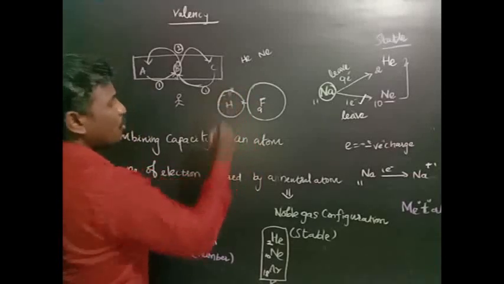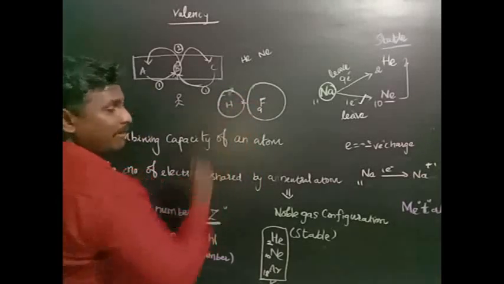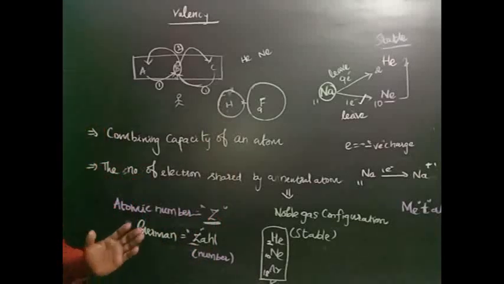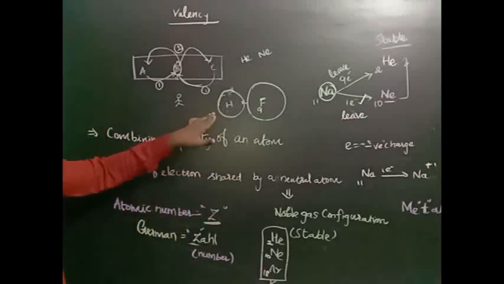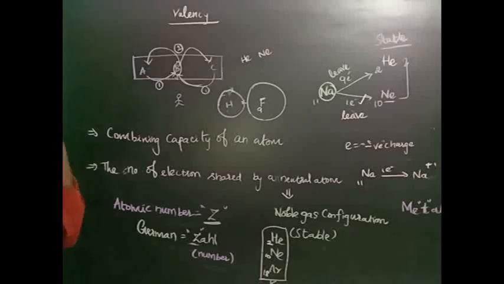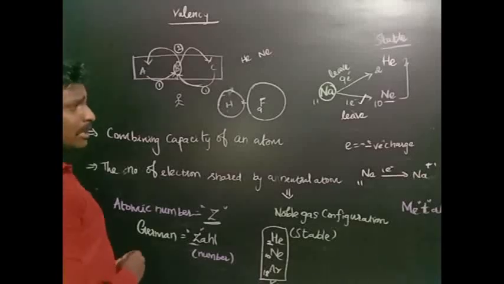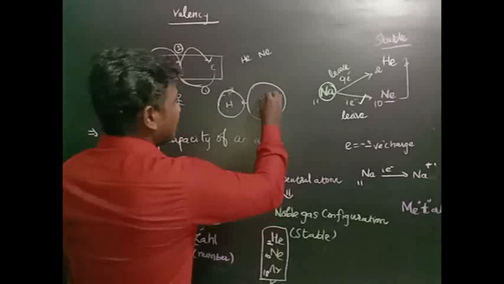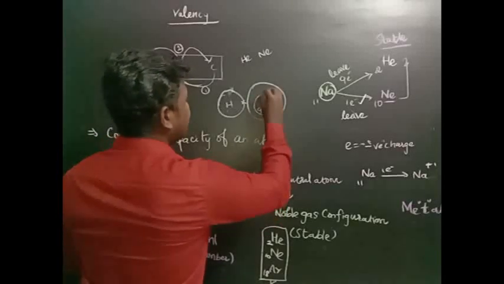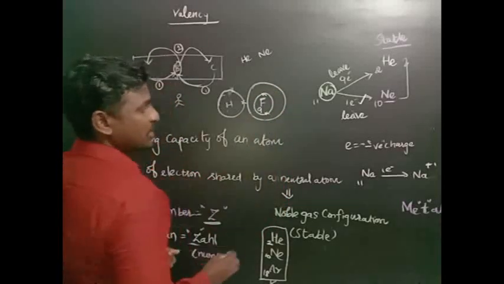Here, I am going to mention 1 electron, which the hydrogen has. You know it, what is atomic number? The number of protons or electrons the atom possesses is considered the atomic number. Here the fluorine has 9 electrons in its shell.